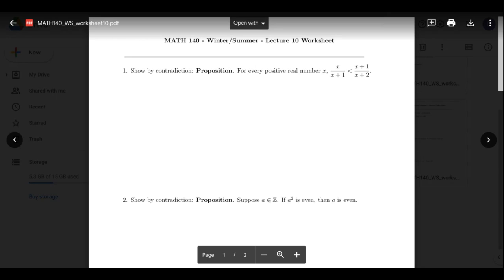All right, let's see, Maya's. Okay, Maya, you have to end with, so the assumption is false, which in turn proves the proposition.